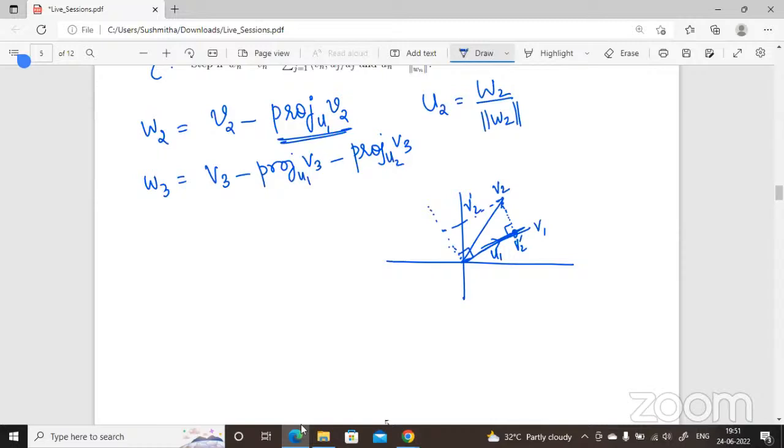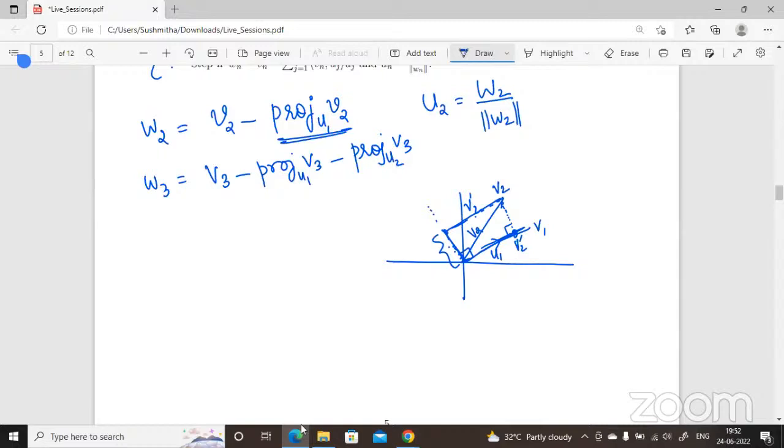And I want to find this, because this is my perpendicular vector. And how am I going to get that? This is my V2. This is my V2 dash. So this is going to be V2 minus V2 dash, right? Triangle law. V2 minus V2 dash.